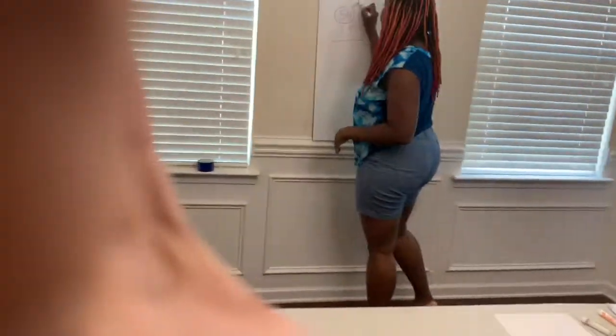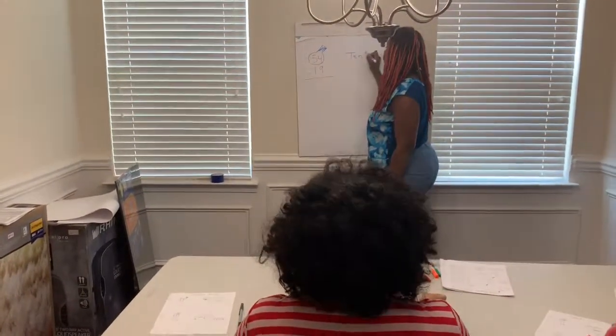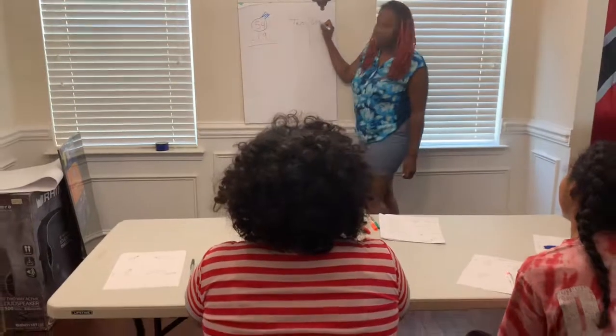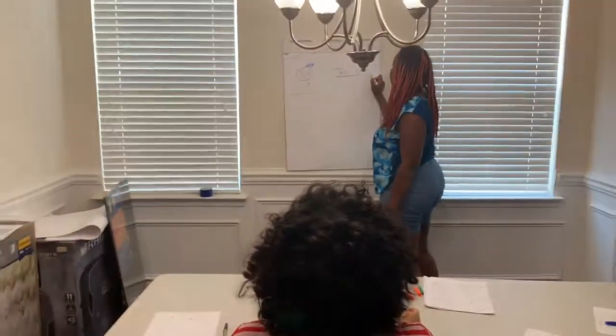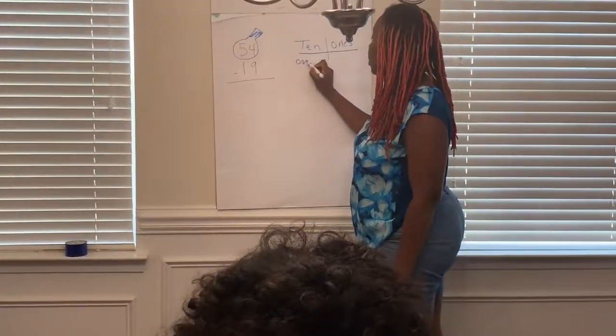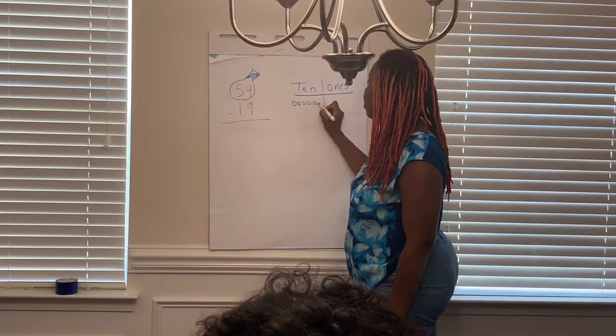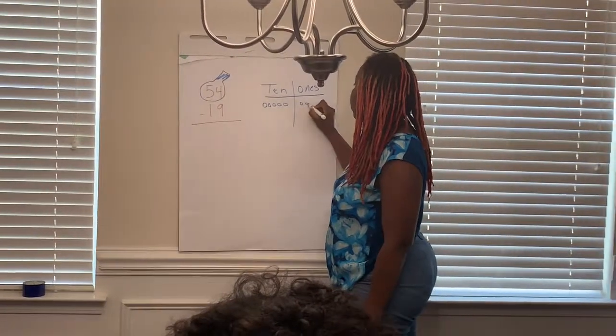All right, first I put my magnifying glass, then I did my place value chart. Can you guys see? This is the whole, so I did the tens first, 5 tens, then 4 ones.